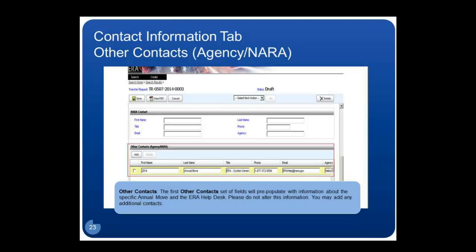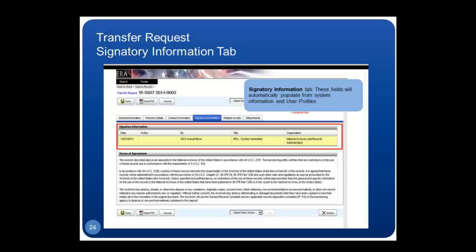We put this in here to be helpful, but we also put it here for the specific reason of making sure that everybody at NARA and everybody in your agency can find transfer requests associated with a specific annual move very easily by a very simple search criteria, okay? So leave this one alone. That's all you have to do in the other contacts. Basically, all of this fills in for you, okay? You basically don't have to do anything.